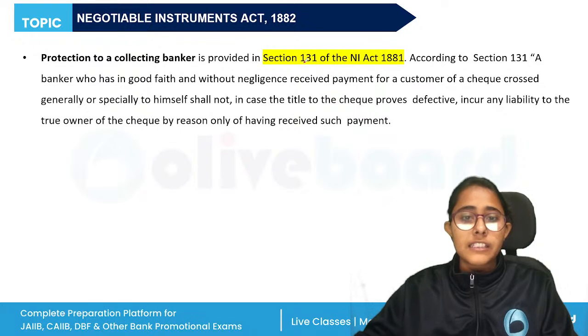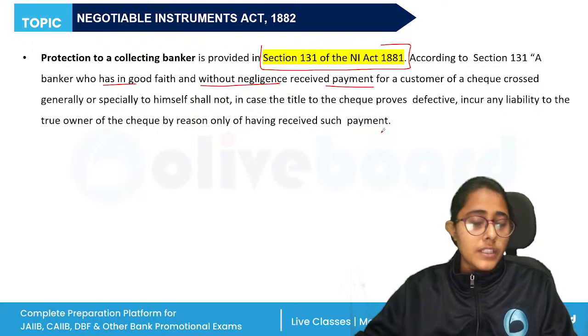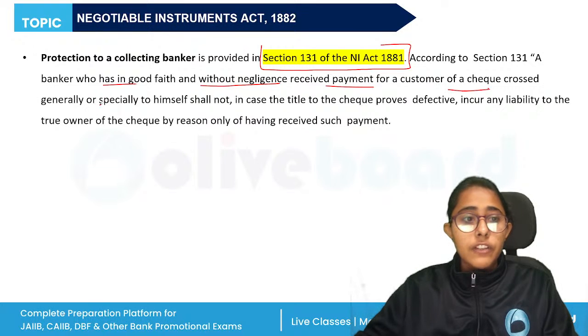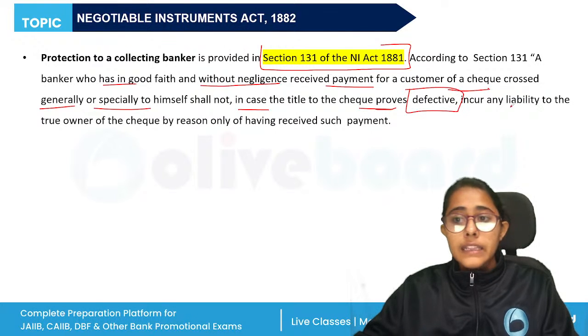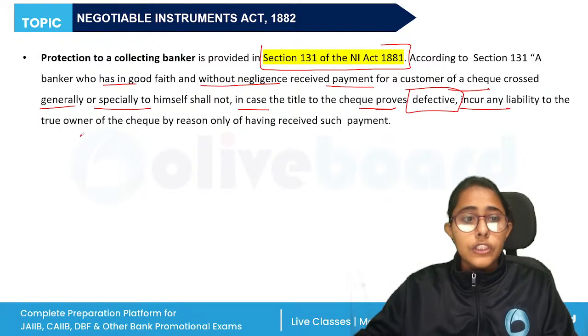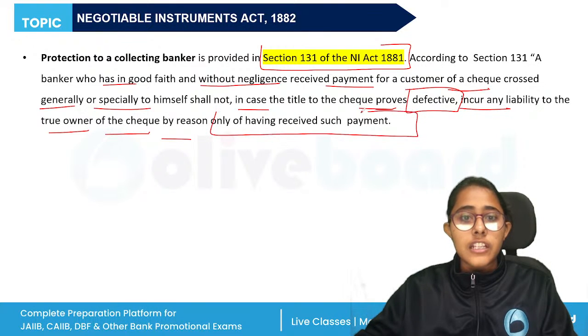Now, when we talk about the law that provides protection to the collecting bank, the protection is provided in section 131 of the Act. According to this, a banker who has in good faith and without negligence received payment for a customer of a check that was crossed generally or specially to himself, in case the title of the check proves to be defective later on, may incur liability to the true owner of the check by reason of only having received such payment.